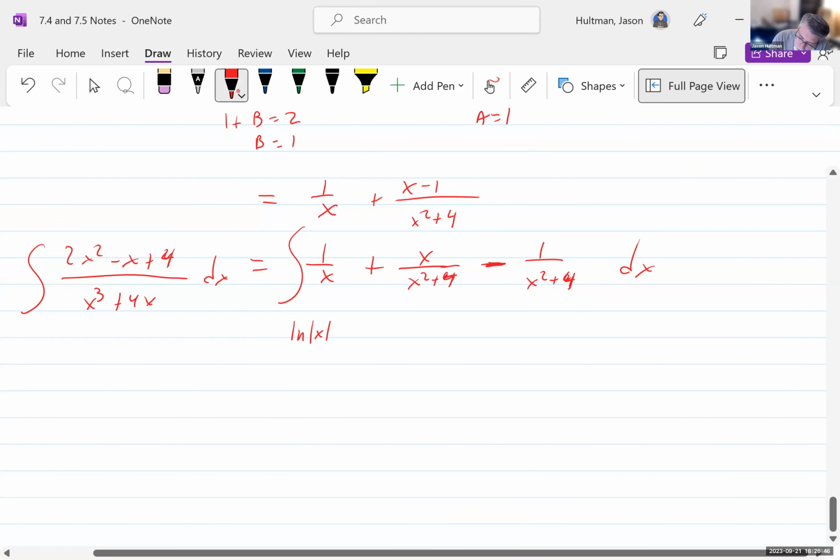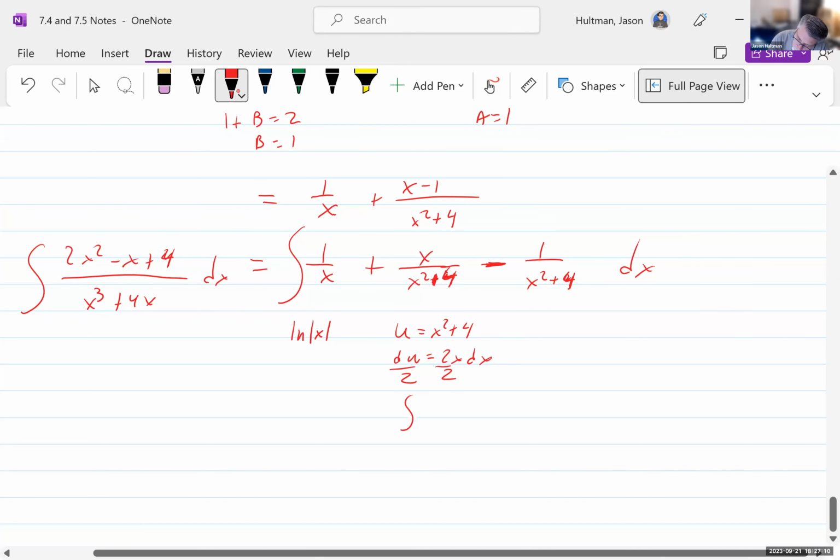If I integrate x over x squared plus 4, well, that's just a u-sub. u is equal to x squared plus 4. du is equal to 2x dx, so x dx is du divided by 2.